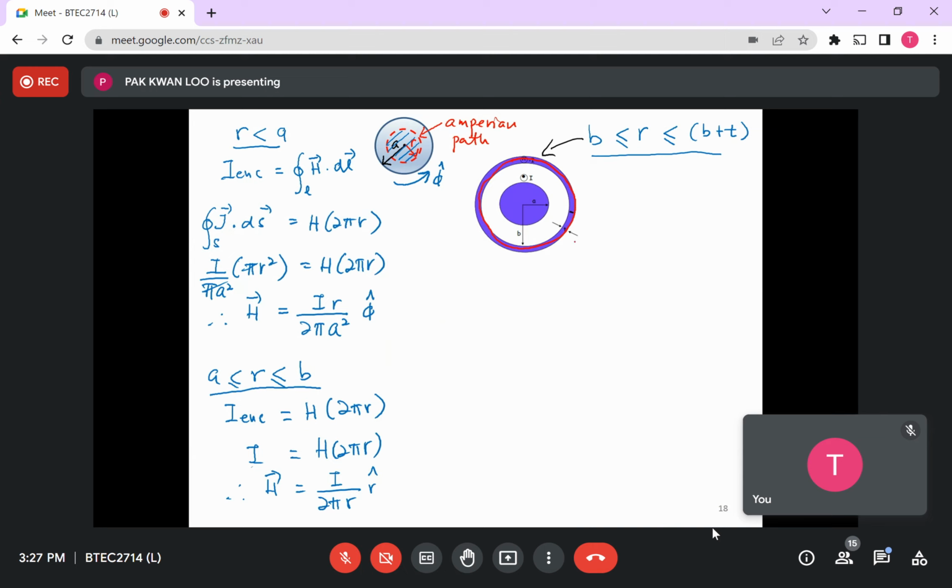From what I drew here, this Ampere's path encloses the inner conductor, right? The inner conductor carries a current I. So my current enclosed will be I, so there's one.